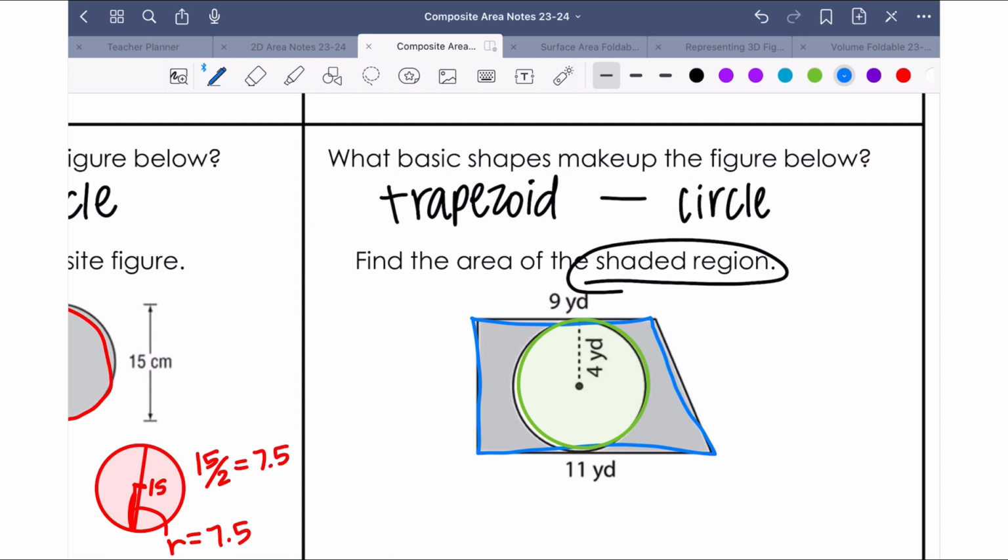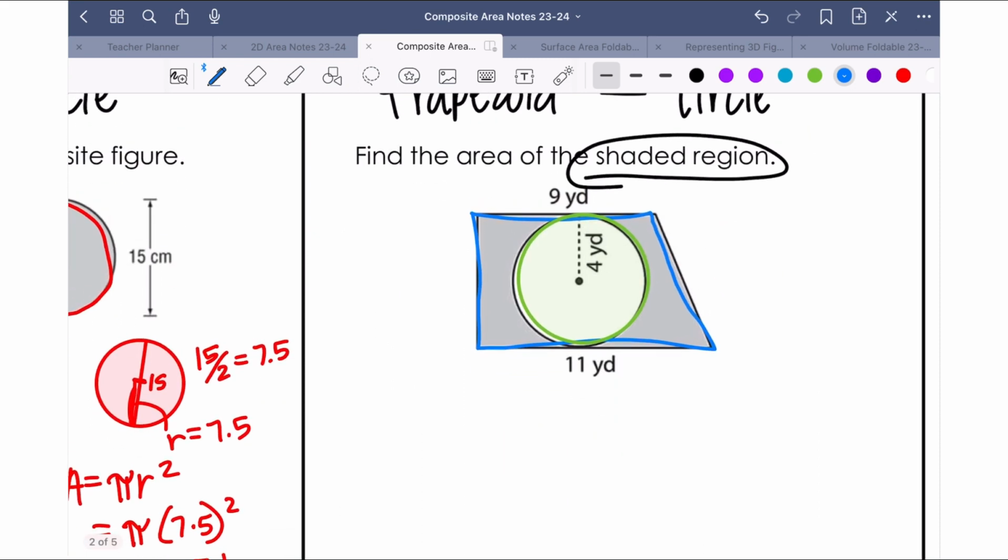So the formula for trapezoid is 1/2 times your height and then times your bases added. Okay. So let me draw the trapezoid. And here's base 1, base 2.